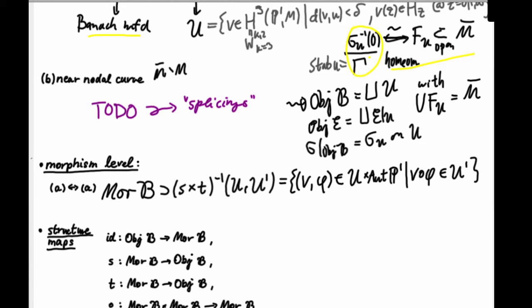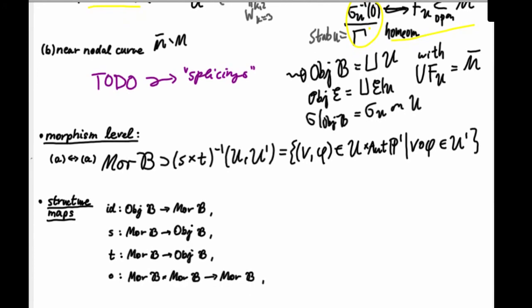So what I'm doing here is I'm writing down the space of morphisms as a point set or topological set. And then as that set, the source map simply takes (v, phi) to v, and the target map takes (v, phi) to v composed with phi.